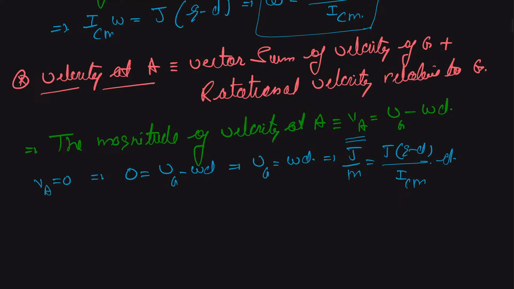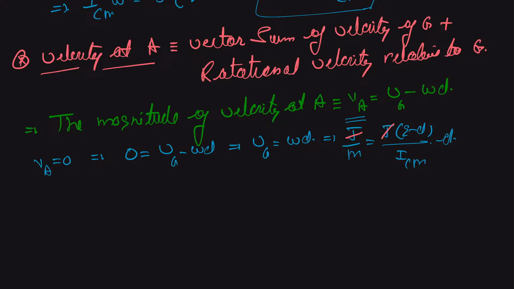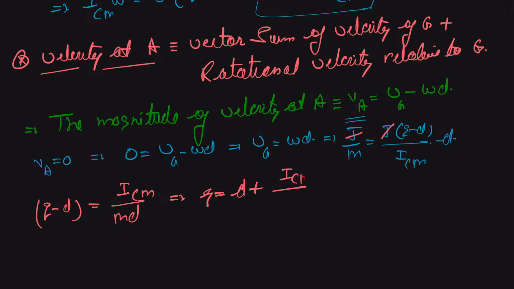And we can just solve for J, and J cancels out, and therefore we can say Q minus d will be equal to ICM divided by M times d, and therefore Q is equal to d plus ICM upon M times d.